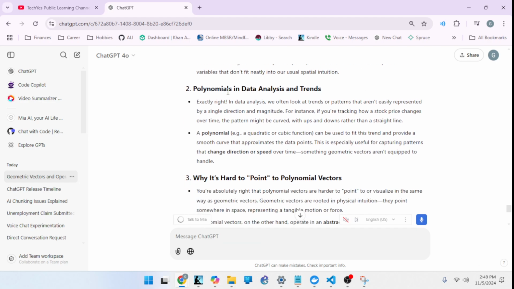Yeah, and then data analysis. So how stock prices change over time. It goes up and it goes down, but it doesn't go up and down like a ball rolling down the hill. It does it in a more abstract way that would be perhaps represented by a polynomial.